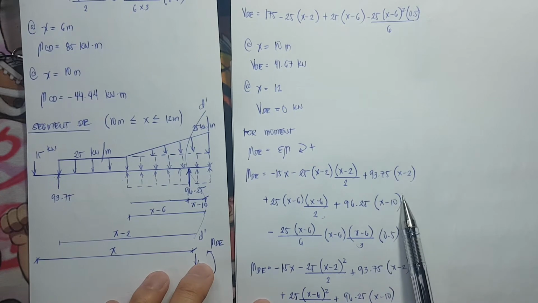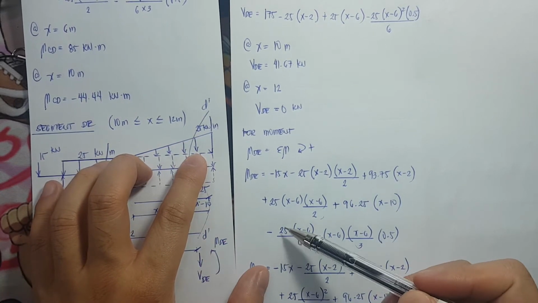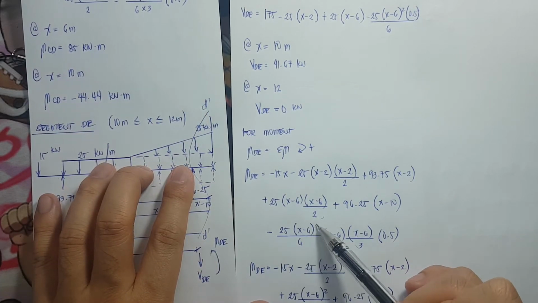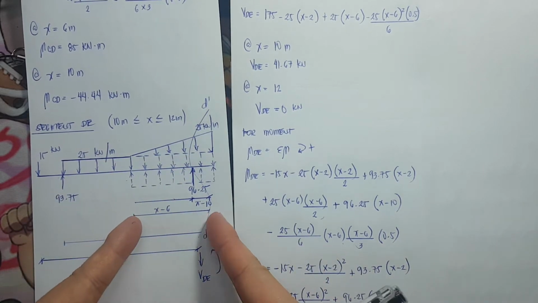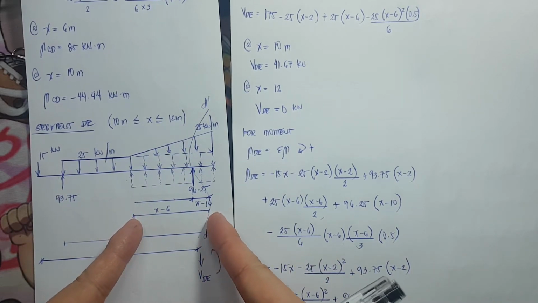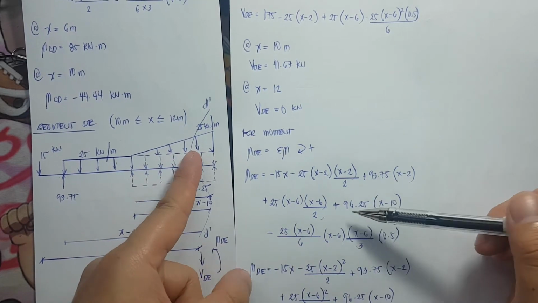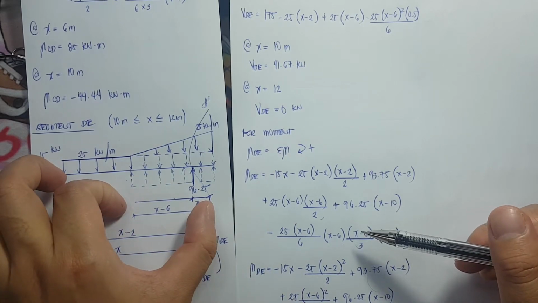Then, for the uniformly varying load, we have 25 times X minus 6 over 6. This is the y. Ito yung y pa lang. Then, the span is X minus 6. Then, take note that the resultant is acting 1/3 from the base. So, therefore, it is X minus 6 over 3.